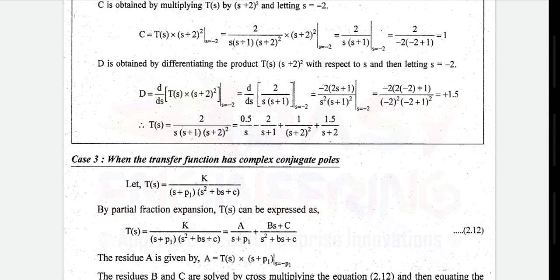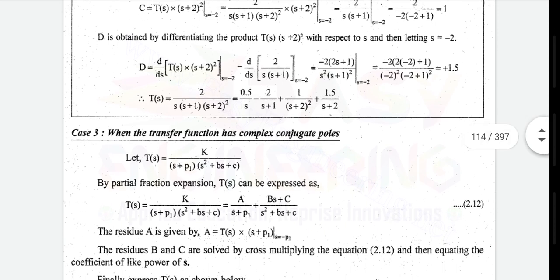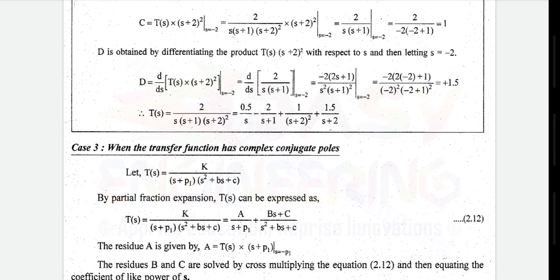Now finally, the d residue is obtained by differentiating the product, that is t of s into s plus 2 whole square with respect to s, and then letting s is equal to minus 2. So for repeated poles of the transfer function, the residue value should be differentiated here. So d is equal to d by ds of t of s into s plus 2 whole square, by letting s is equal to minus 2.